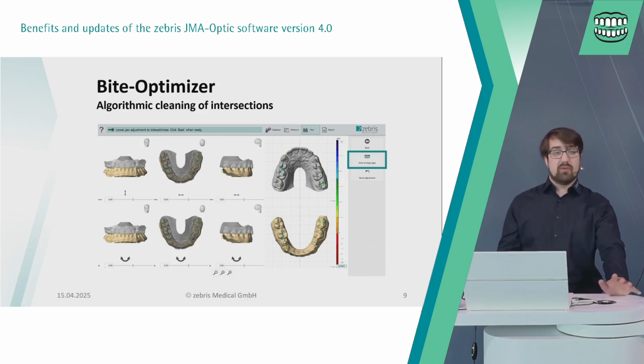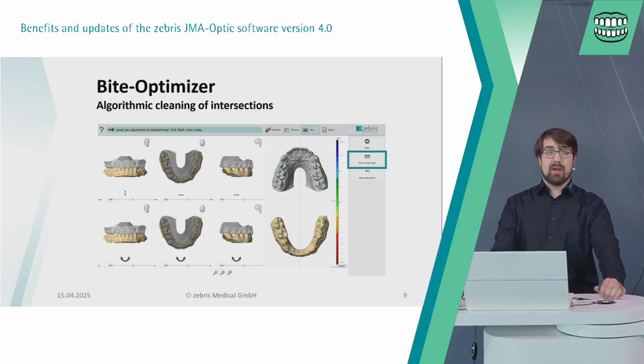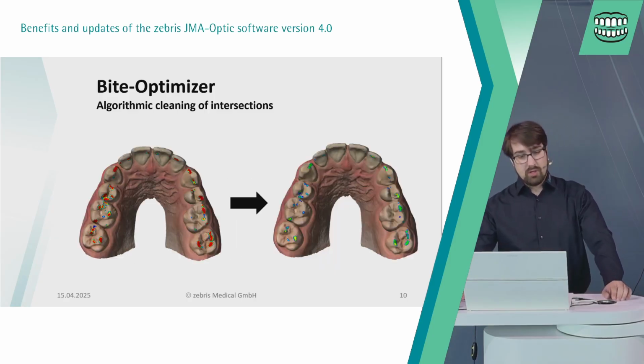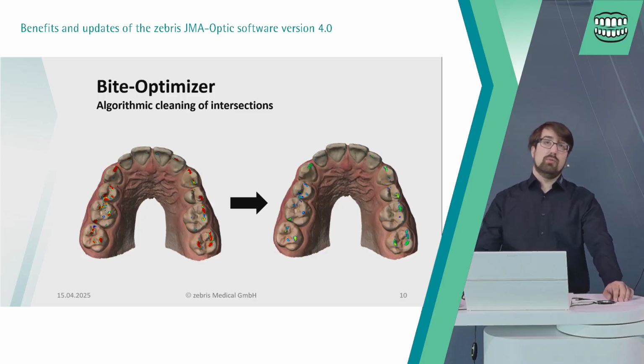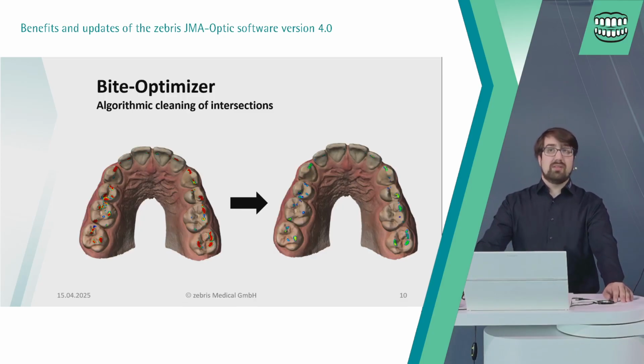And if you say, no, it was not good, or it was too much or too little, you are always able to adjust it on your side, or say, let's keep what I had from my IO scan and work with this data. How can this look? For example, we have here an IO scan with a lot of intersections, and with one click we removed all these intersections and have a clean occlusal surface for our measurements.